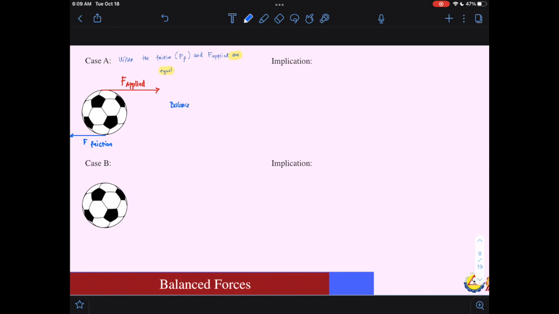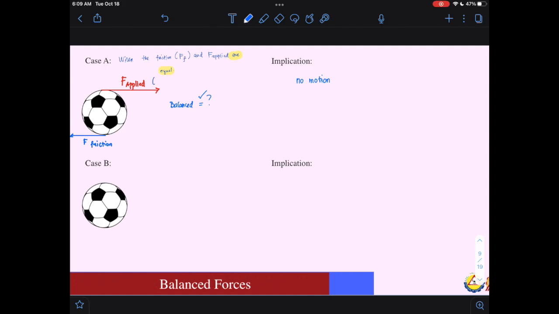Yes, they are balanced, F applied and F friction are equal. The implication in terms of the motion of the object is no motion. If the magnitude of your applied force and your friction are the same, it will not move.